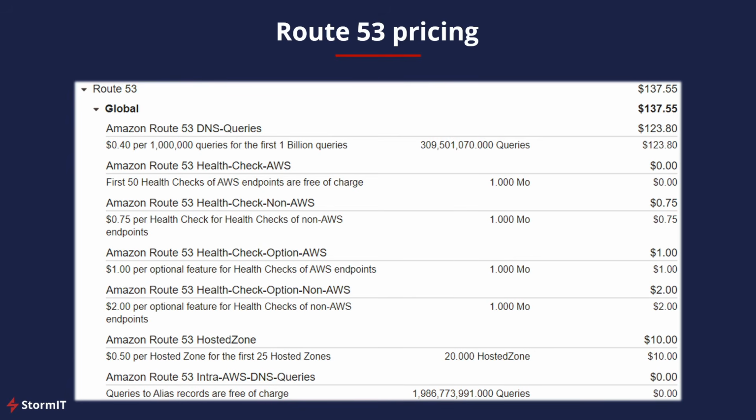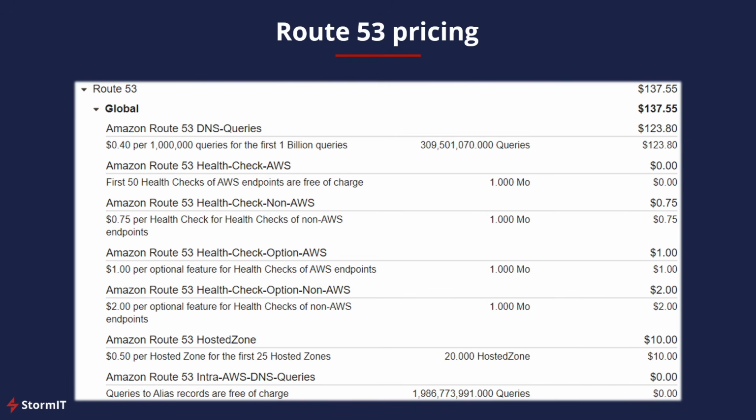Basically, if you create an alias record to Elastic Load Balancer or Elastic Beanstalk environments, CloudFront distributions, VPC endpoints, API gateways, or Amazon S3 buckets, you will not pay for these queries. And you will find them at Amazon Route 53 intra AWS DNS queries. And as you can see here, queries to alias records are free of charge.